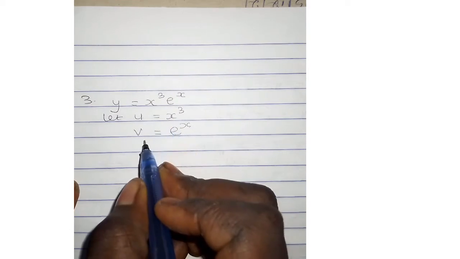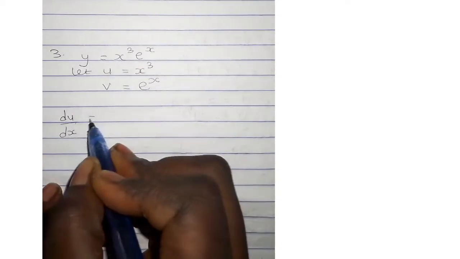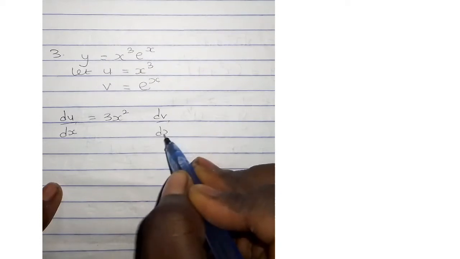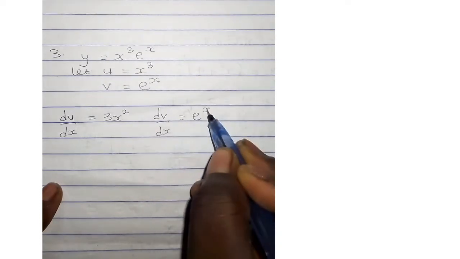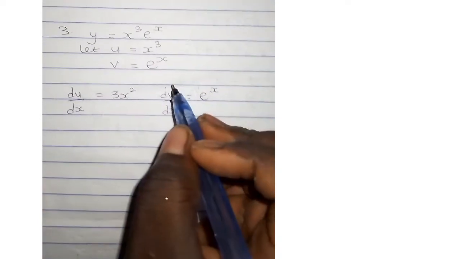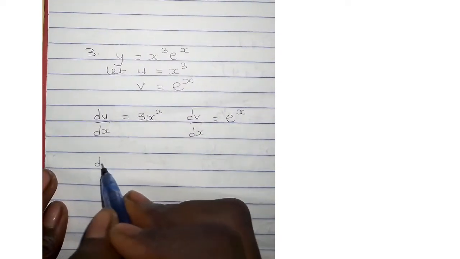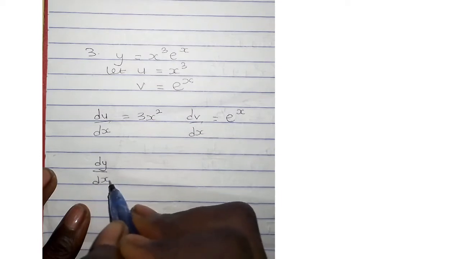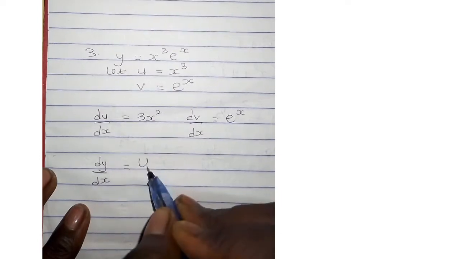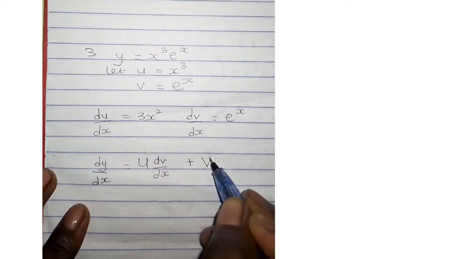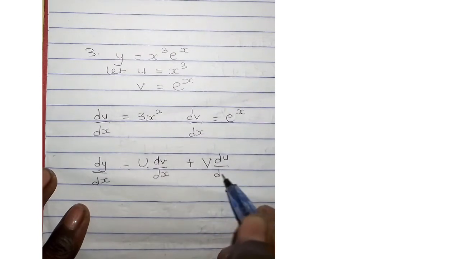When we differentiate, du/dx will be given as 3x squared, then dv/dx is given as exponential x. So the formula for the product rule is given as dy/dx, which is equal to u dv/dx plus v du/dx.